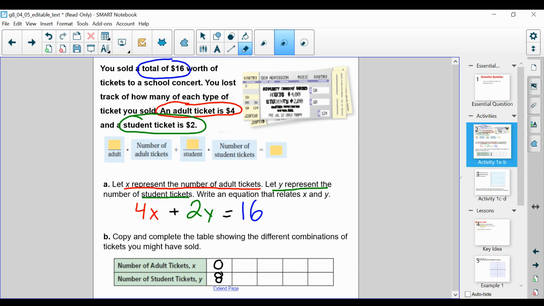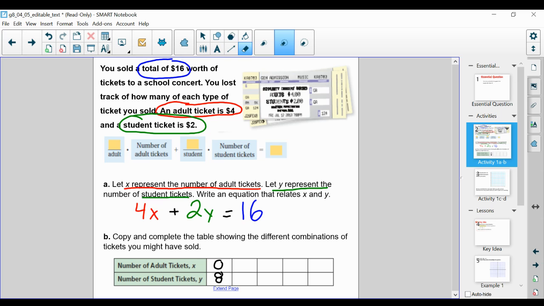Is that even possible? So by us completing this equation and starting to choose set values of number of adults or number of students, we can find the other value. And even if it's possible to have that number of adults or that number of students. So please complete the table finding 4 more values.